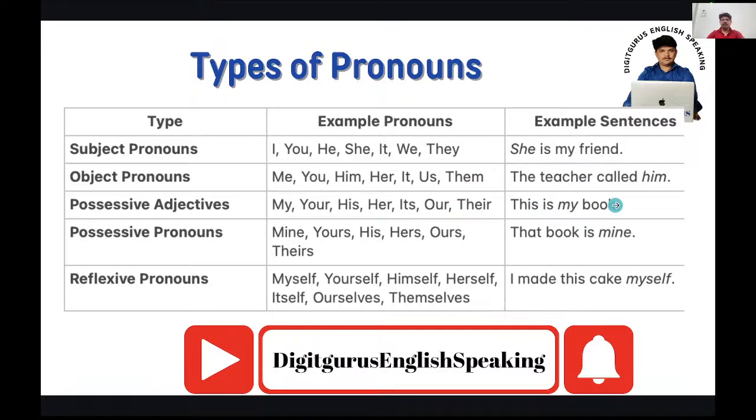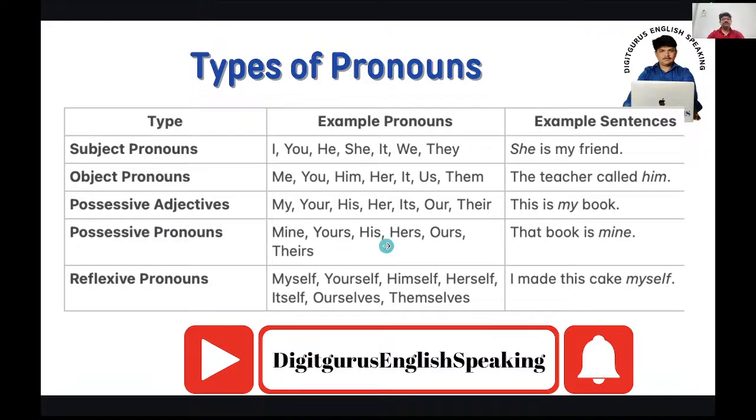In this example, book is a noun, and the possessive adjective is coming before that noun. This is your book, so your is a possessive adjective. This is his book. His is a possessive adjective. This is her book. So her is a possessive adjective. Its book, our book, their book. Like this, you can replace that.